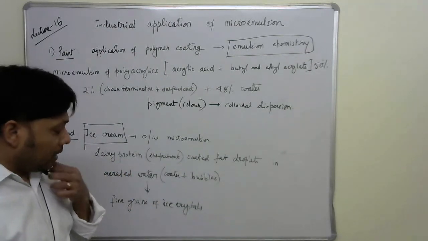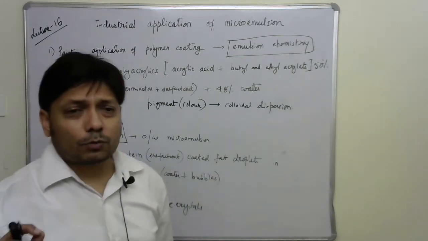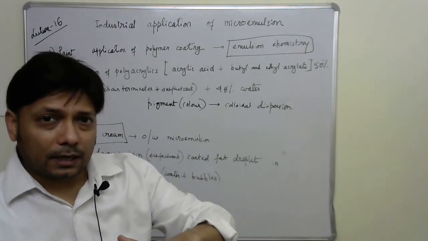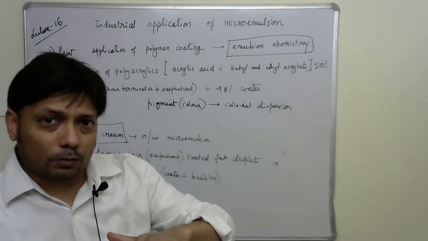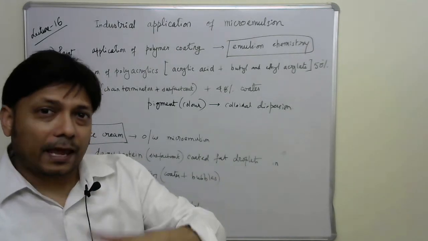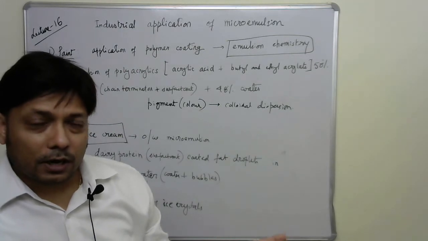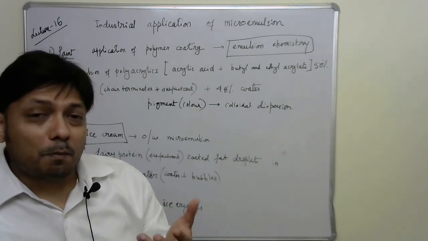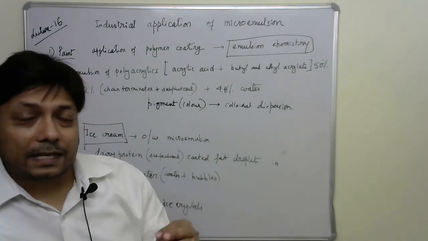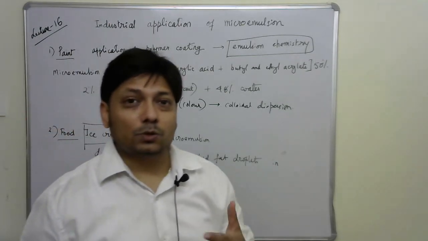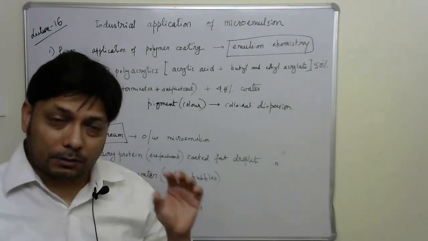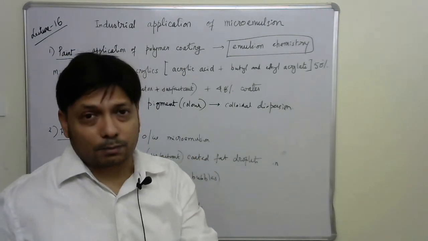but the most important and tricky part is to form those crystals, because you see once the ice cream is melted and if you want to freeze it again by keeping it in the deep freezer, the ice cream gets frozen back, but you lose the taste. It doesn't taste as good as it was before. Why? Because it's the same solid substance, but it still stays as the microemulsion.